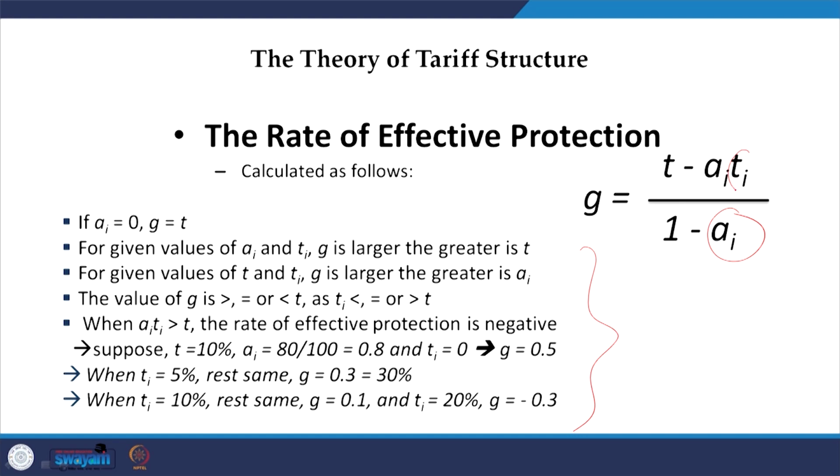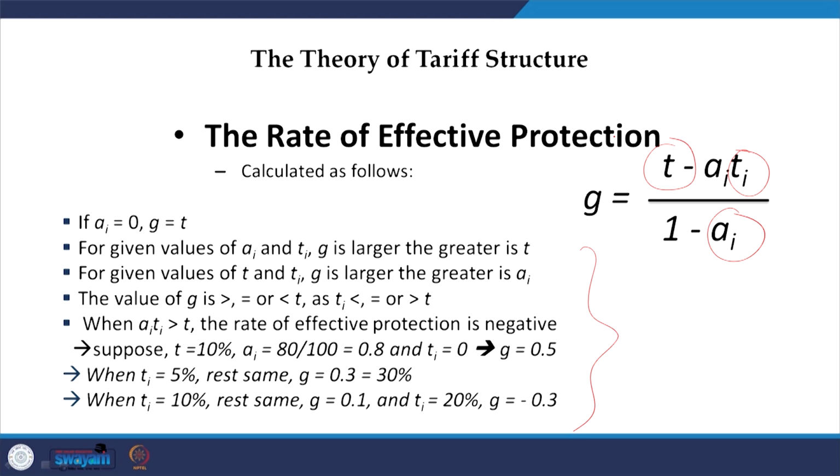TI is the tax or tariff on the imported raw materials, and T stands for the tariff on the final product. When there are no imported inputs, that means AI is equal to 0. So, when AI is equal to 0, the nominal tariff is nothing but the effective rate of protection.